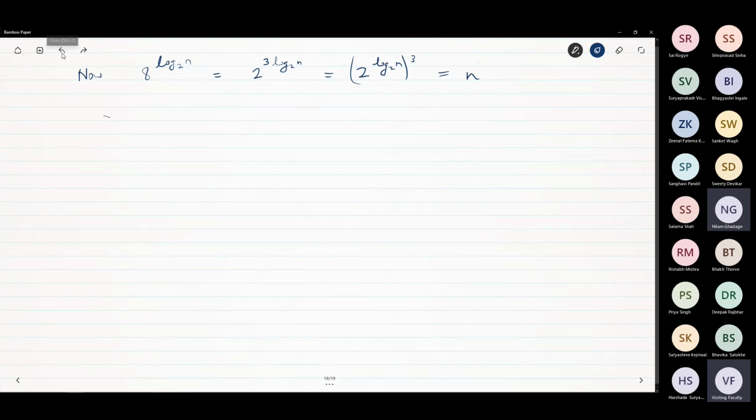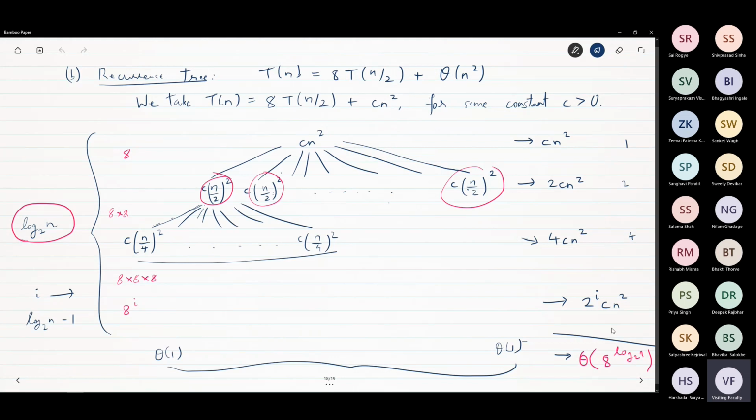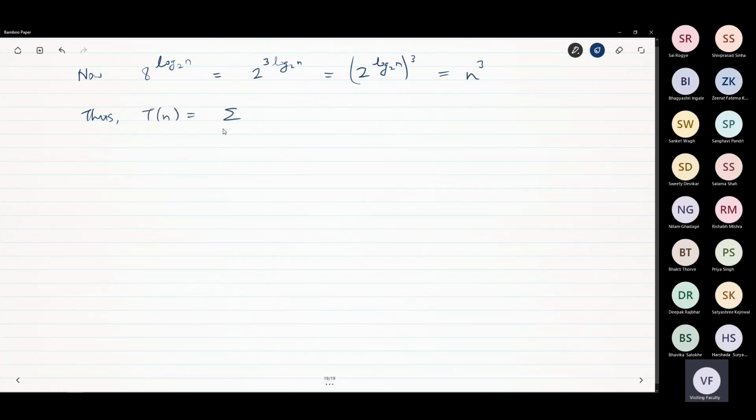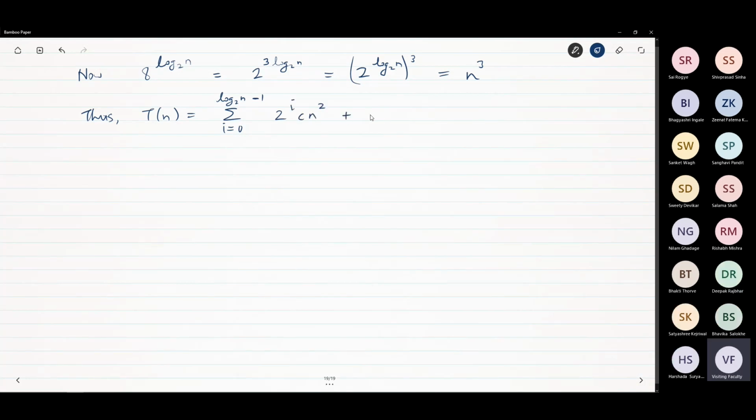So then, what is the total cost now? Oh, sorry. So the total cost is you add all of these, right? So 2 raised to I c(n) squared, that's T of n is equal to summation I going from 0 to log n to the base 2 minus 1, 2 raised to I c(n) squared plus theta n cube.